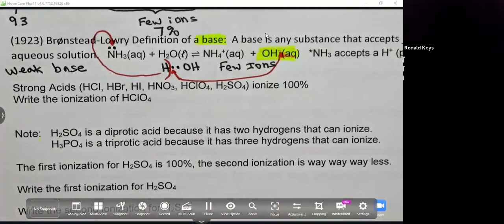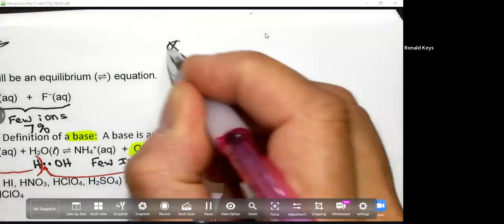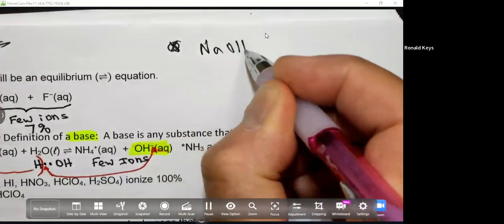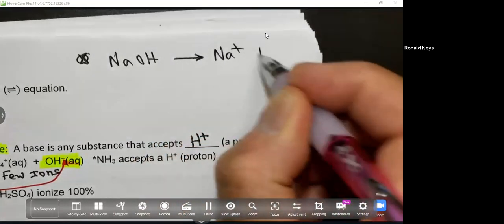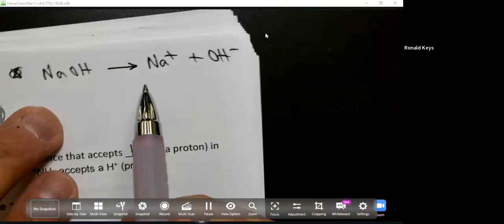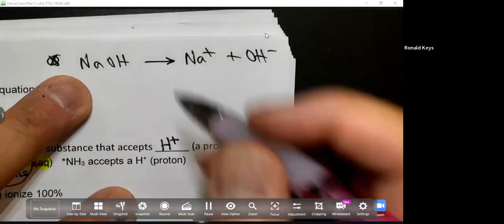Let me summarize again. If you have a strong acid, how many ions are you going to get? 100%. What ion do you get? H plus. 100%. If you have a strong base, the strong base is going to be something like NaOH that just dissolves into Na plus and OH minus. How many of these are going to split up? 100%.